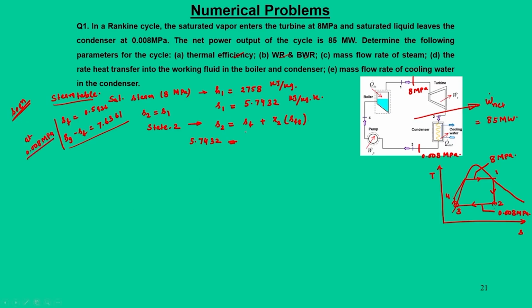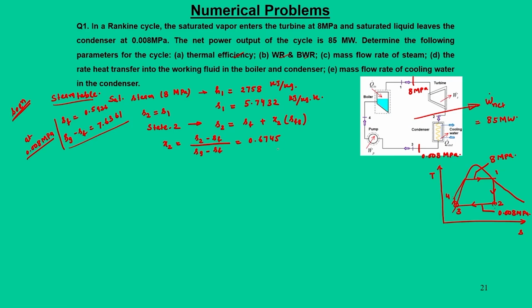This will give you the information about X2, and that is S2 minus SF divided by SG minus SF. So, X2 we find out as 0.6745. This is the dryness fraction at state 2.